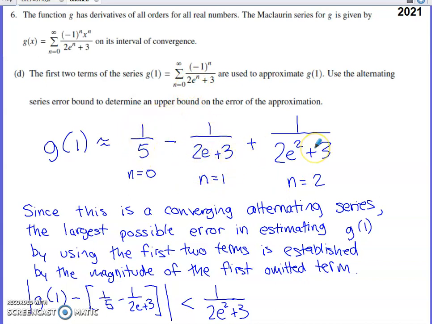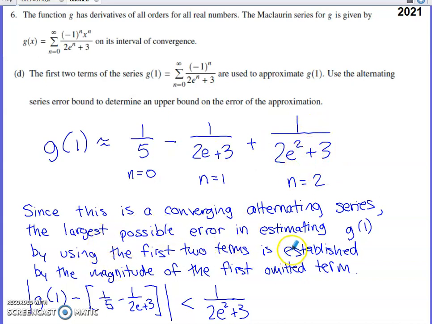Now, the reason why I went ahead and produced a third term is because if you've ever used the alternating series error bound before, you know that your error bound is established by the magnitude of the first omitted term. So if I'm using these two terms to make my estimate, the most I could have for my error would be the absolute value of this next term.